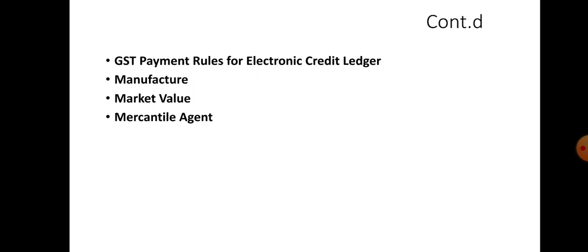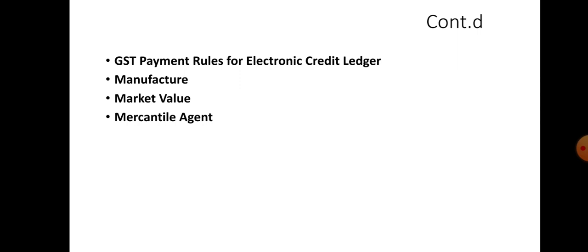Next is the mercantile agent, specified in Section 2 subsection 9. According to the Sale of Goods Act, a mercantile agent means an agent having in the customary course of business as such agent authority either to sell goods or to consign goods for the purpose of sale, or to buy, or to raise money on security of the goods.